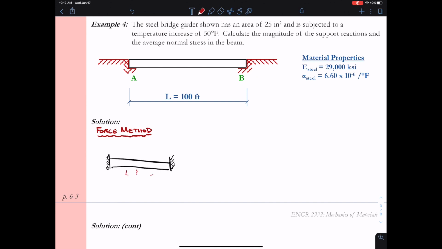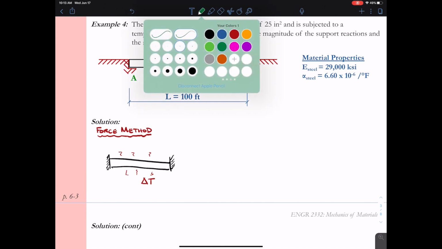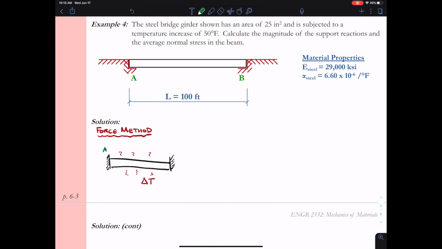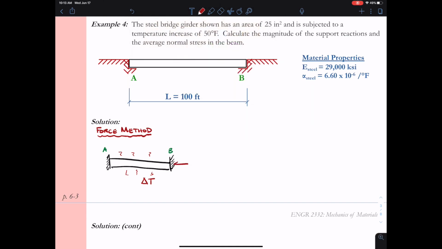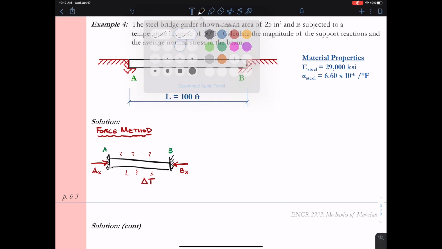So in our initial scenario, we have the bridge girder that is bound on both sides, and it's subject to an increase of temperature of 50 degrees Fahrenheit. This will cause the bridge girder to expand, but if we assume that there's a fixed rigid wall at points A and B, then the rigid wall will prevent the girder from expanding and therefore impart reactions Ax and Bx to the beam.